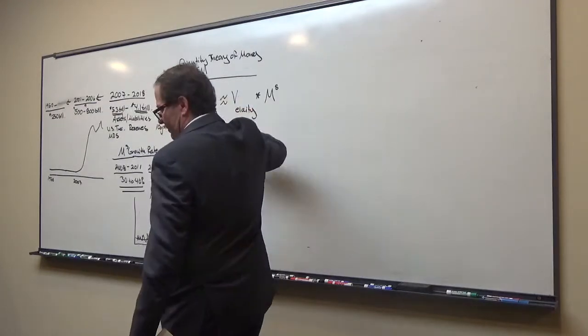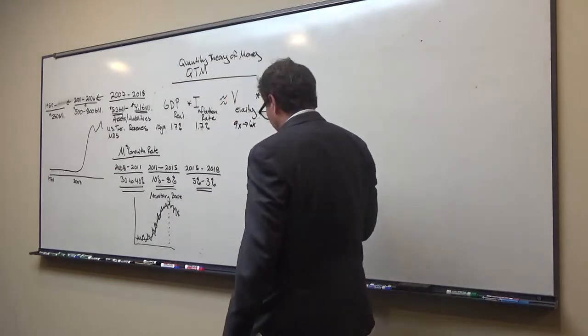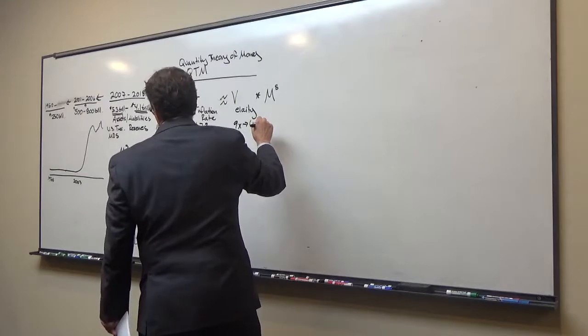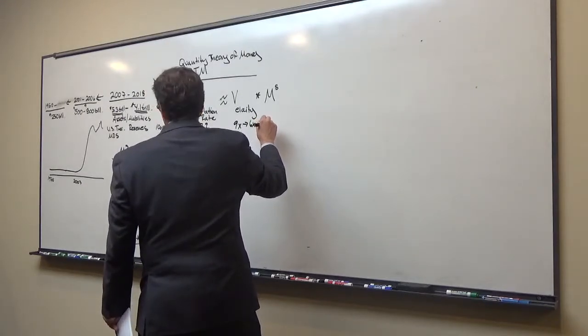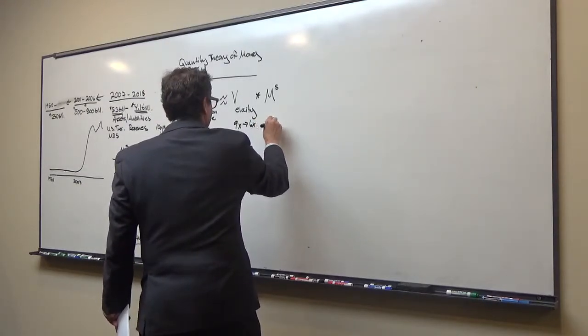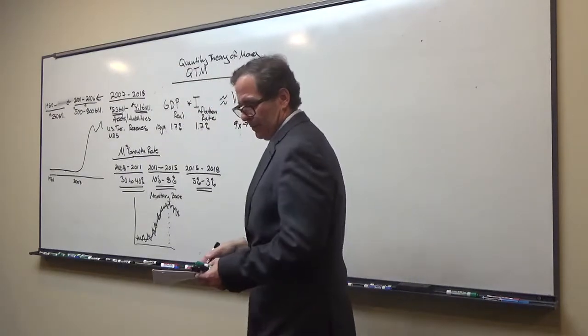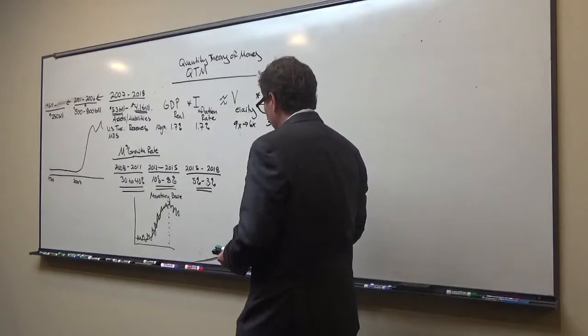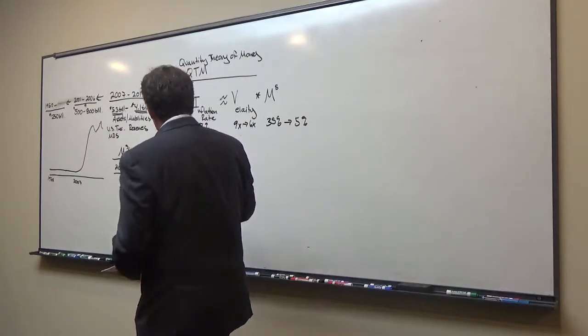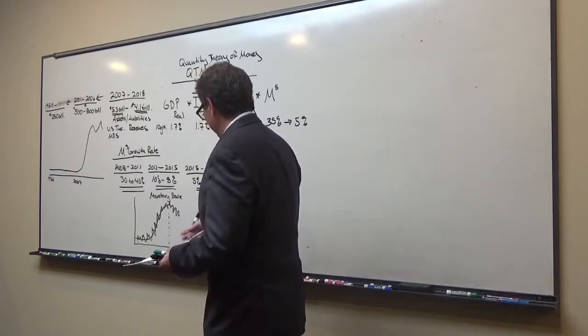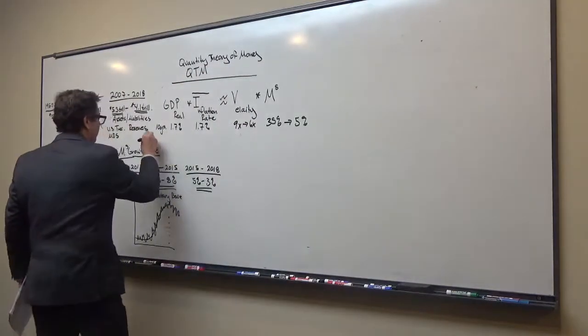This is the number of times currency circulates through the economy on an annual basis. And then the money supply growth rate, as we know, has basically dropped from 35% to 5%. Okay. So the problem was that inflation wasn't an issue, right? And actually the Fed was targeting 2%.